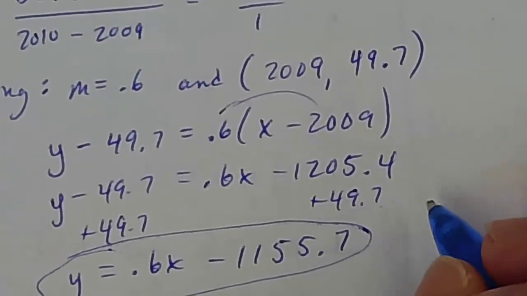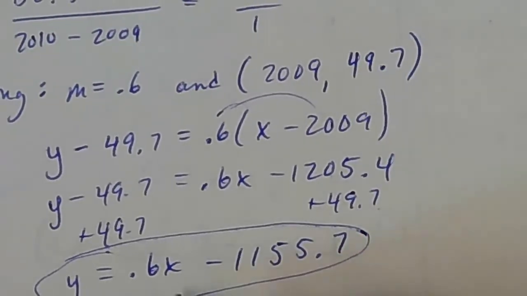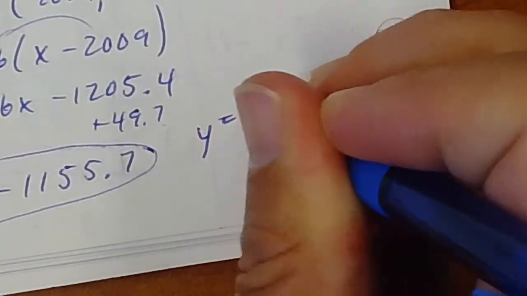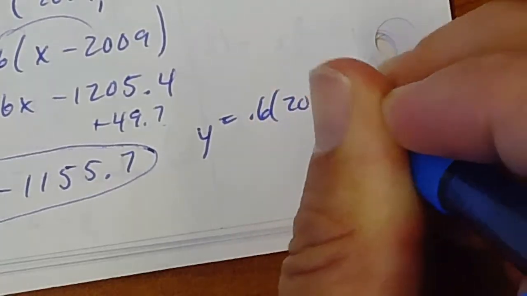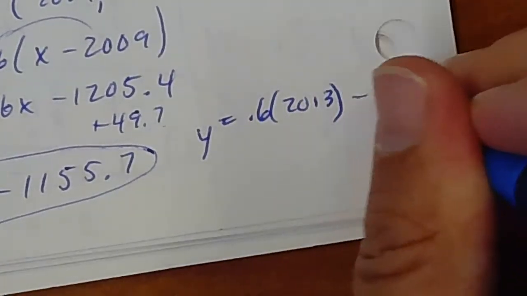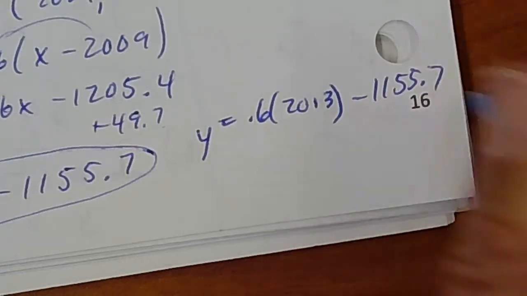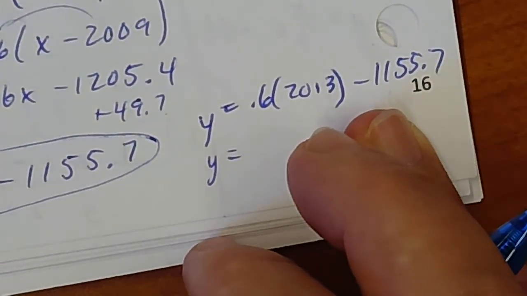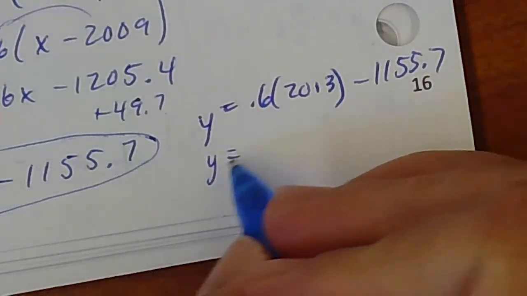So for the second part, 2013, we want to plug in 2013 right here. So y equals 0.6 times 2013 minus this number. I just punched it in my calculator. I'm just going to answer the question now.